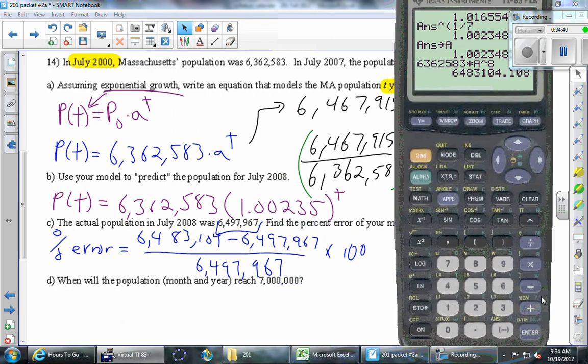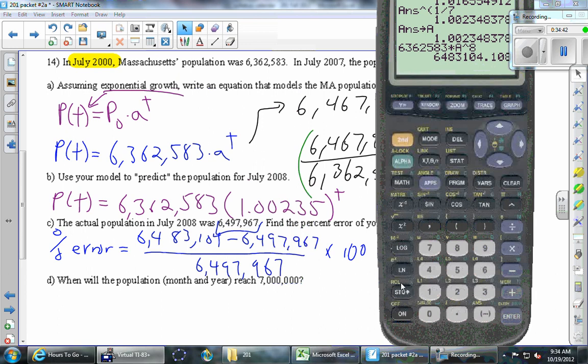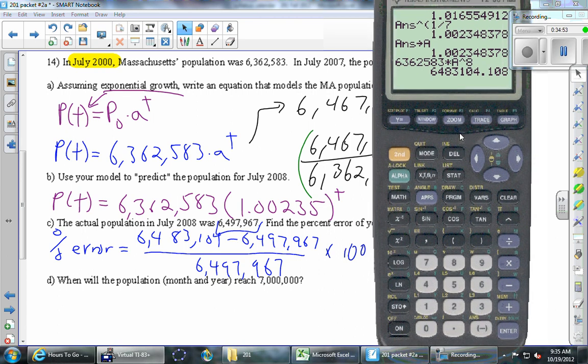Put it over here. Okay, so because I see that number twice, I'm just going to store it right now, the right number, 6,497. But before I do that, what should I store? The number that I have right here. This is the only moment I have that number in the little short-term memory of the calculator.